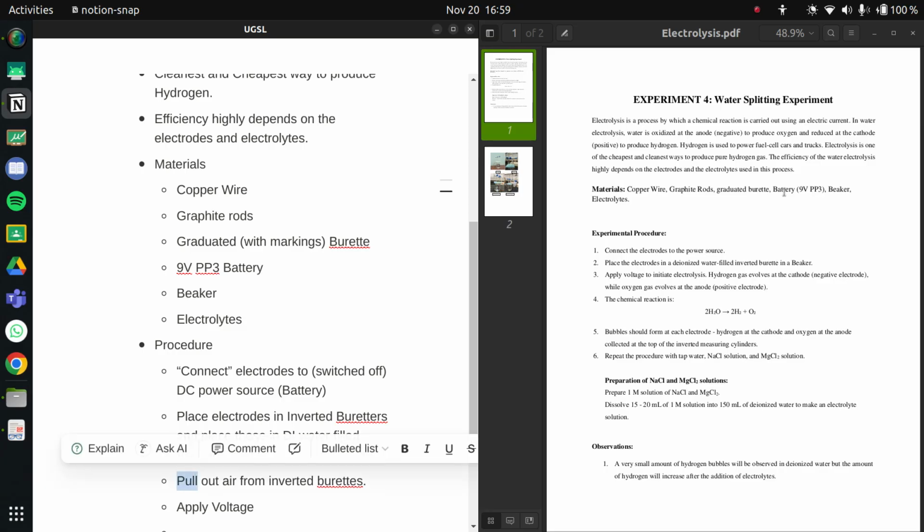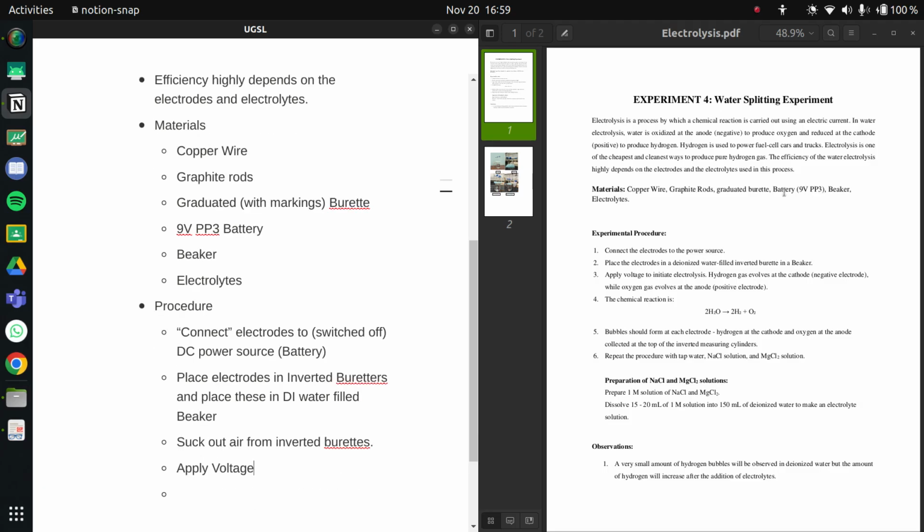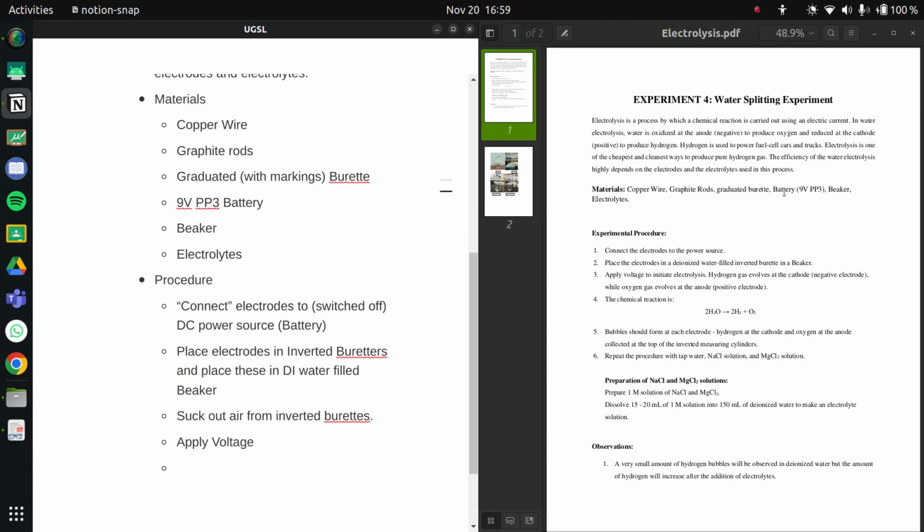So I guess suck is a better word over here. I mean, it's all filled with innuendos here and there in any case, but I guess. So then you apply voltage to start electrolysis. Then hydrogen gas evolves at the cathode while oxygen. So we already know the chemical reactions, bubbles should form.